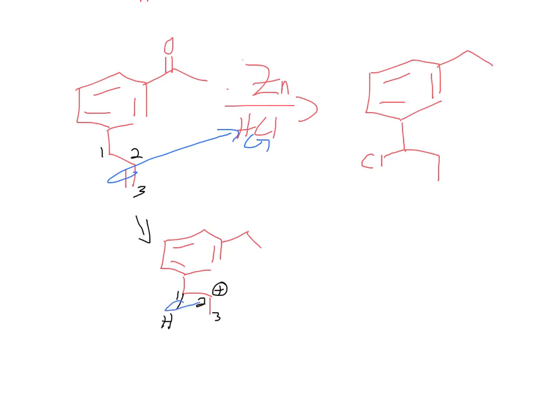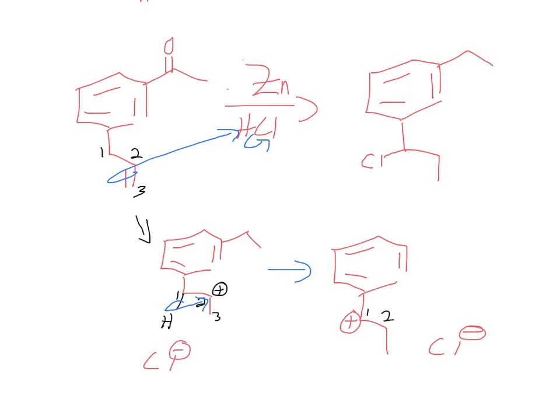So this will shift. So even though it's a secondary to secondary, it's not really. It's secondary to secondary benzylic, which is different, right? So it's more stable. So that puts the plus charge in the benzylic position. And of course, Cl minus has been floating around the whole time. 1, 2, 3. Chlorine goes there. Get our product.